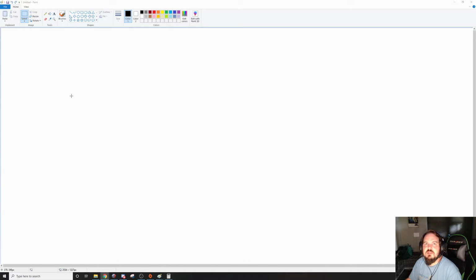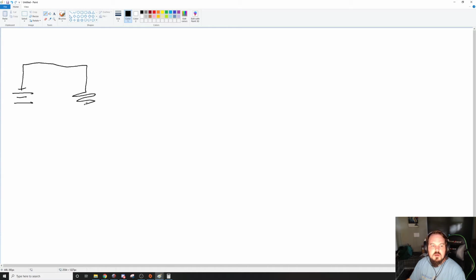Alright, so we have a circuit. It is 3 resistors. Sorry, this is going to be a mess. I'm just trying to do it pretty quick.